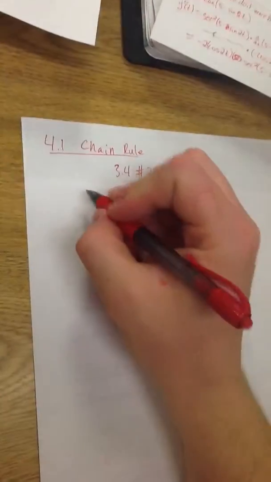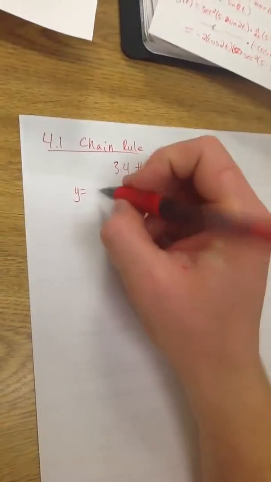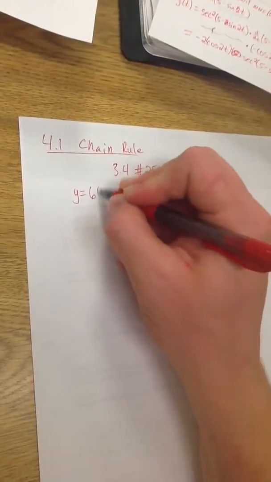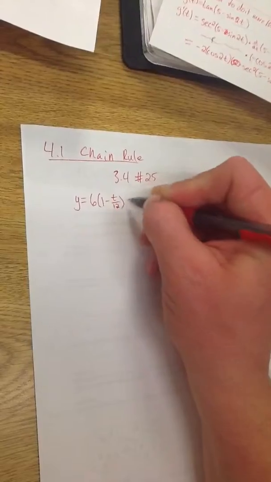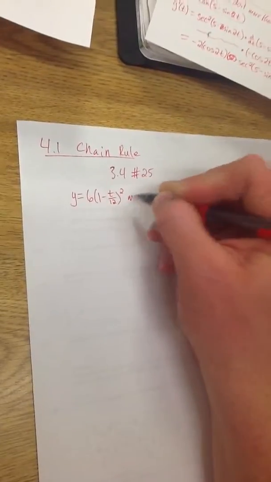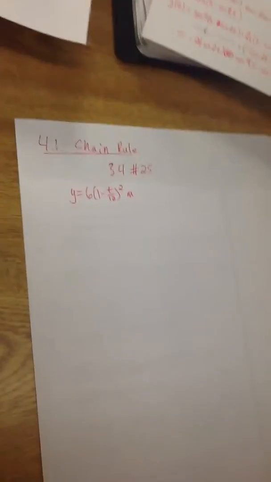It was one of your homework problems, one of those ones where they were draining a tank, and so they gave you a function. It was the one that had the M there that threw some of y'all off.